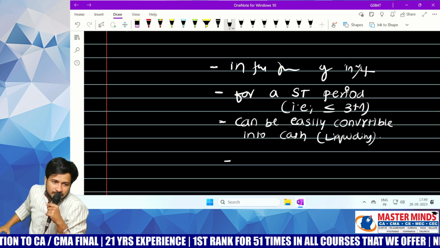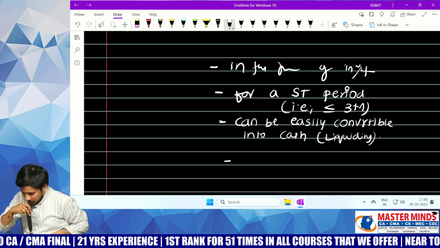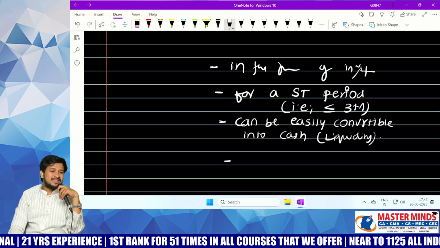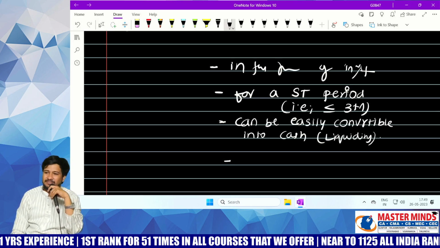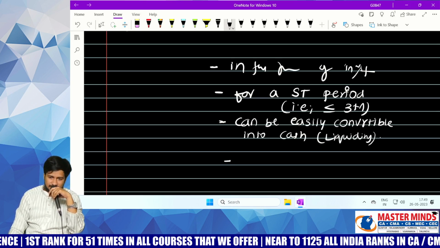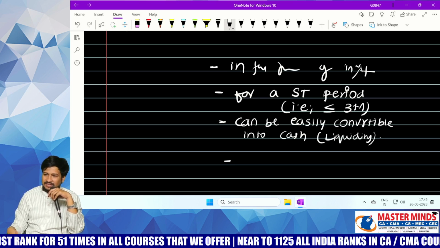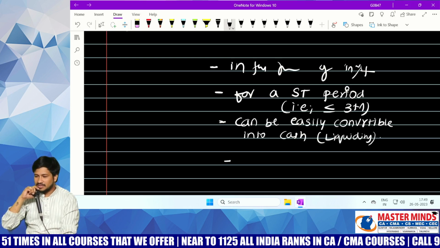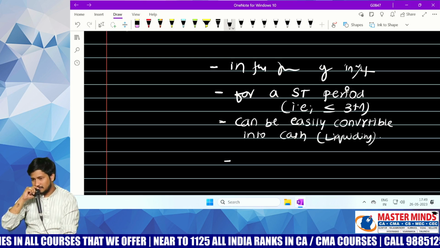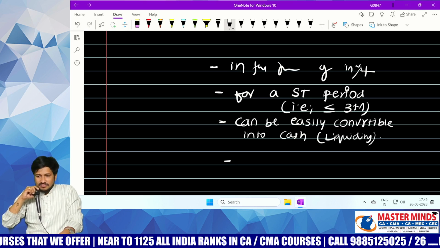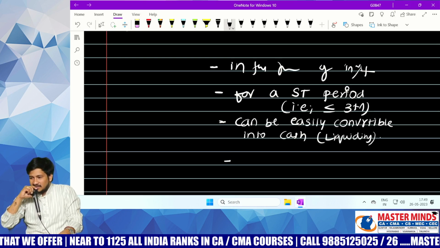Note. Investment in actively traded market securities, or having high risk.